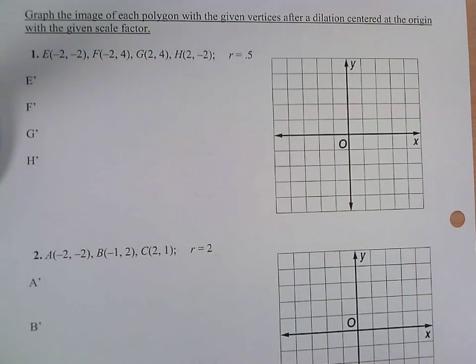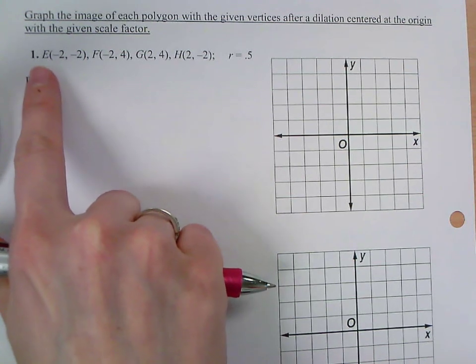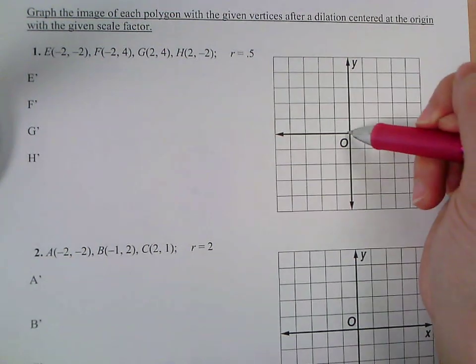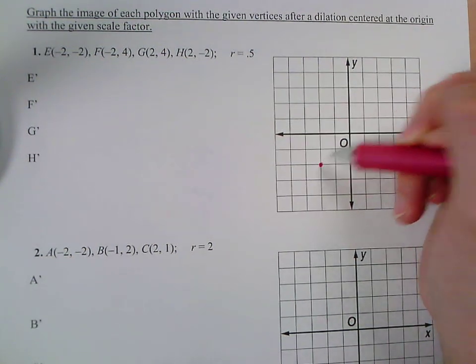So I'm going to graph this quadrilateral we have here, EFGH. Make sure you label.